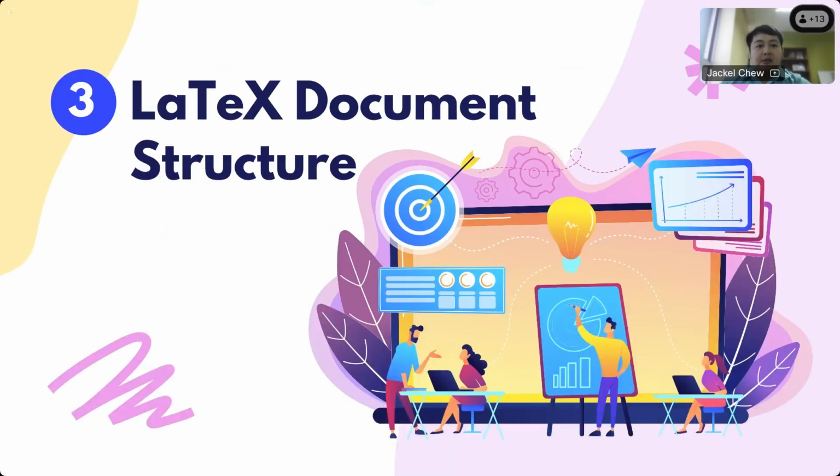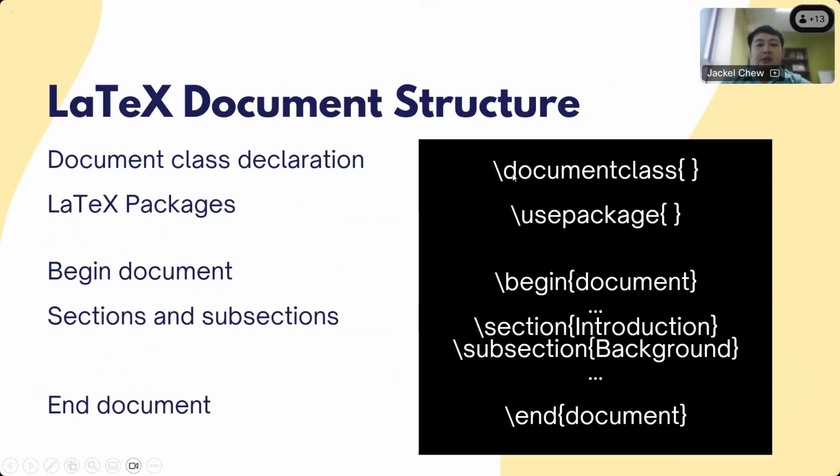Now I will go into the structure. In general, in LaTeX, the document structure consists of the document class, which is the main format that I already developed, the class declaration, and then the use packages. The LaTeX packages are optional.